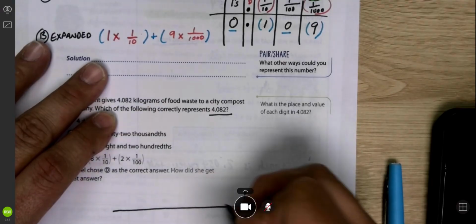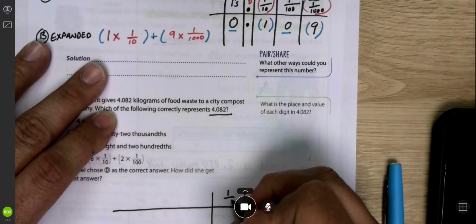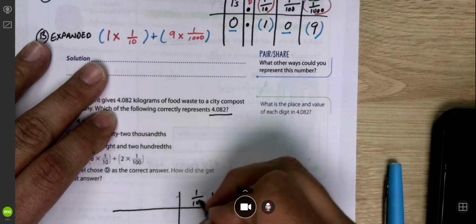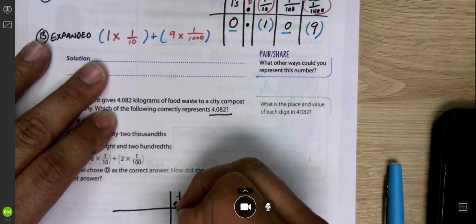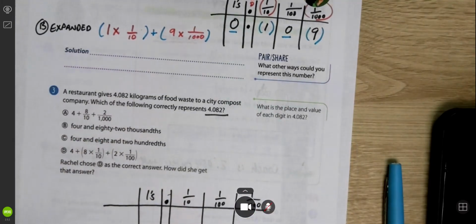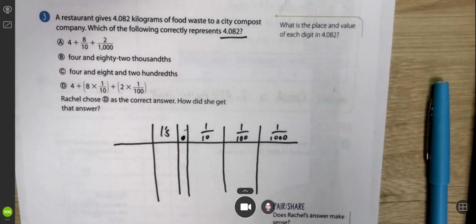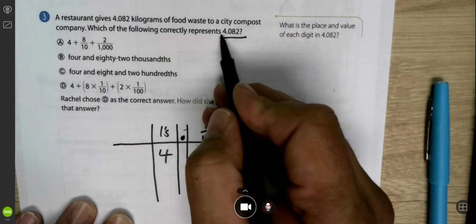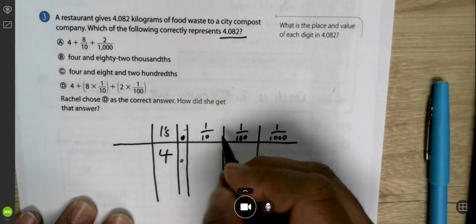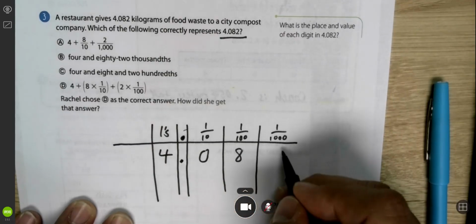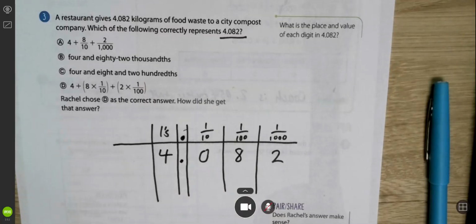When we take the 10 seconds it takes to draw this place value chart, we look at this number in all of its different components. We take all the mystery out of it. So here we go. We have a 4 here in the ones. There's the decimal. We have 0 in the tenths, 8 in the hundredths, 2 in the thousandths.